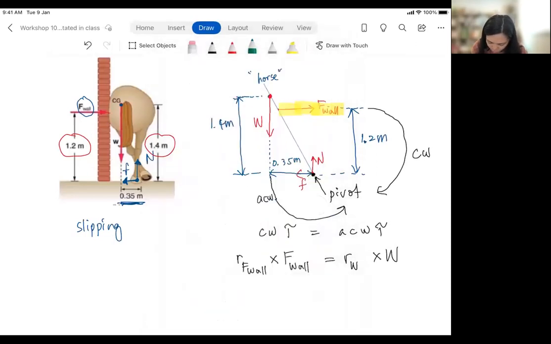So if you go from the force going down to the pivot point, this should be the moment arm for the force on the wall. Okay. And you can see that's exactly 1.2 meters, right? The distance from where the wall exerts a force to the ground. So the moment arm of F wall should be 1.2 meters times the force of the wall itself.